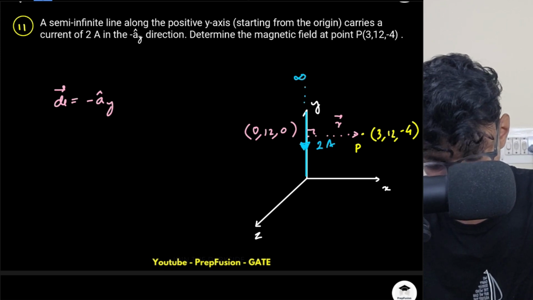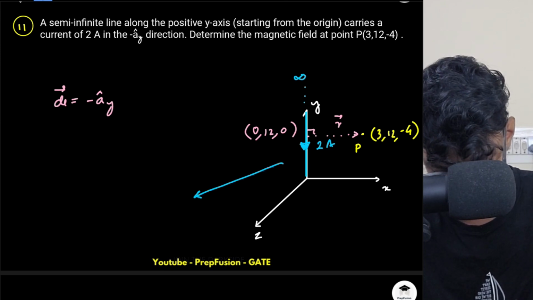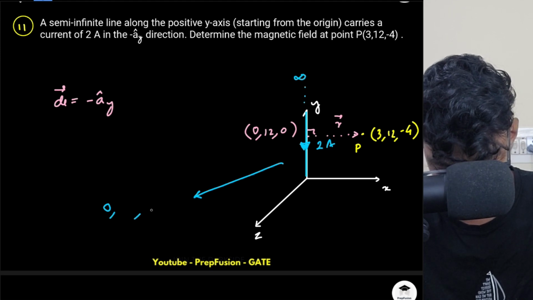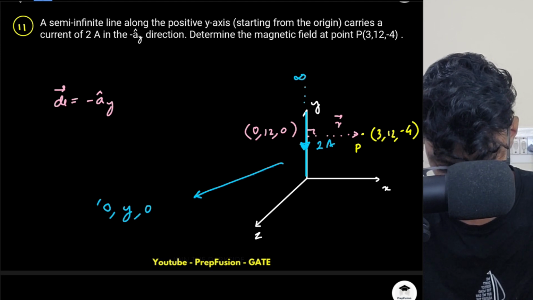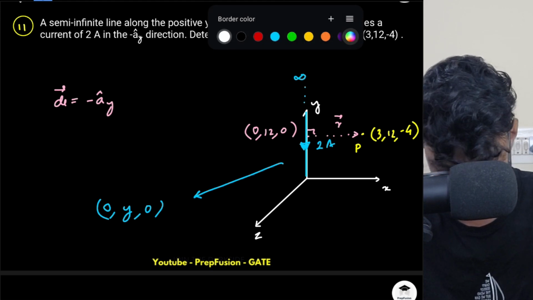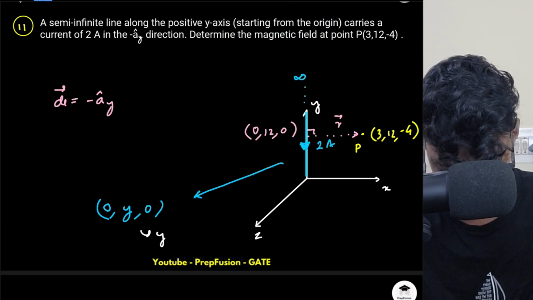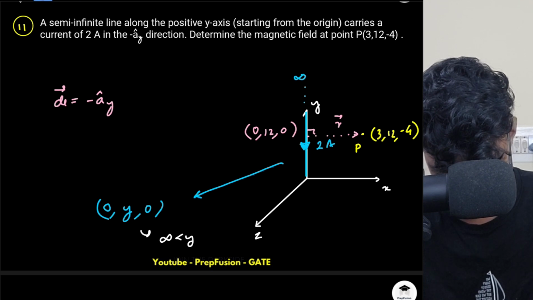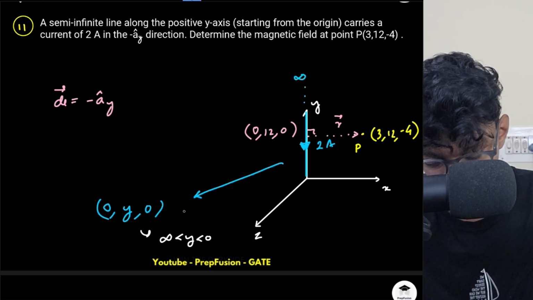So for this line, can I write down the equation? It is x equals 0, z equals 0, and y equals y, because y is varying from infinity to 0.